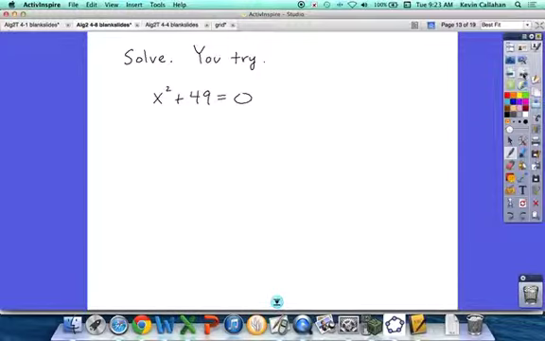Are you forgetting something? The plus or minus. What was the answer? Plus or minus 7i, right? So x squared equals negative 49, x equals plus or minus 7i.